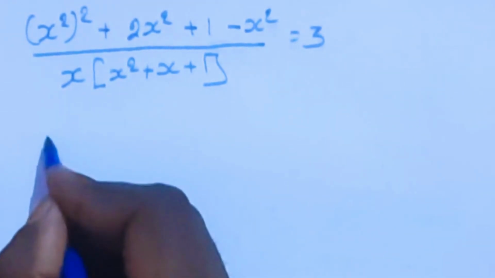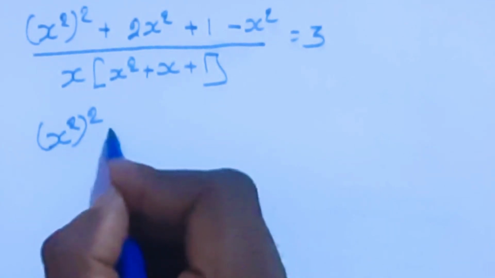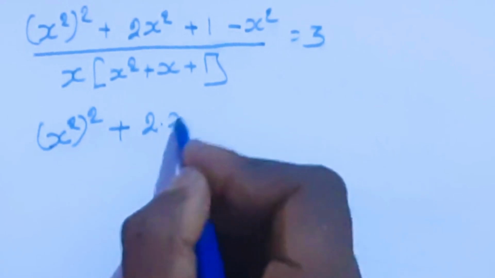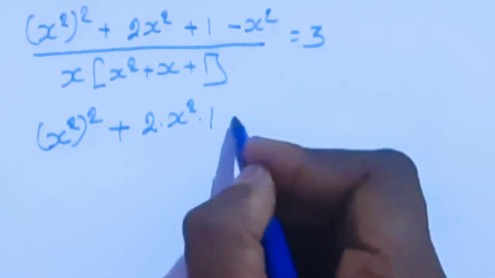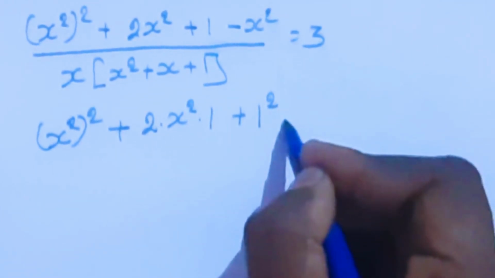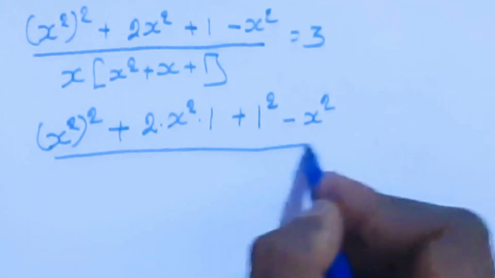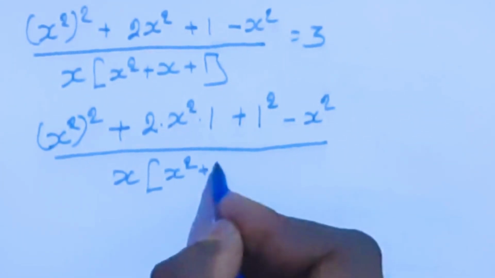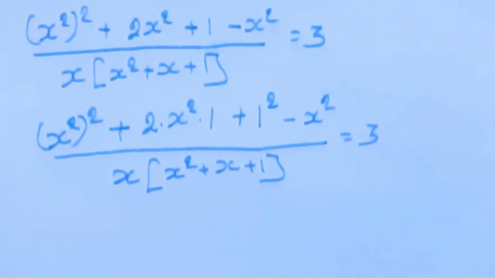Here (x^2)^2, plus this can be written as 2 times x^2 times 1, plus this 1 can be written as 1^2, minus x^2, by x (x^2 + x + 1) = 3.